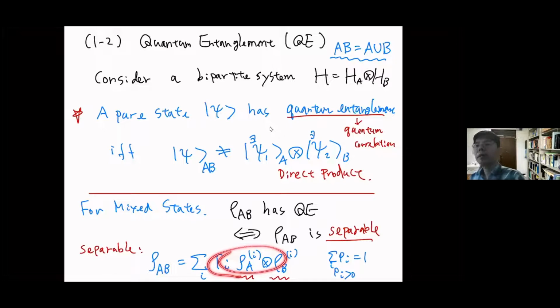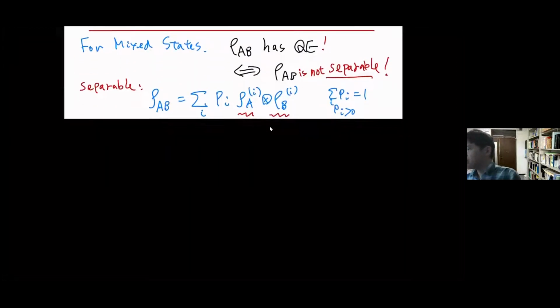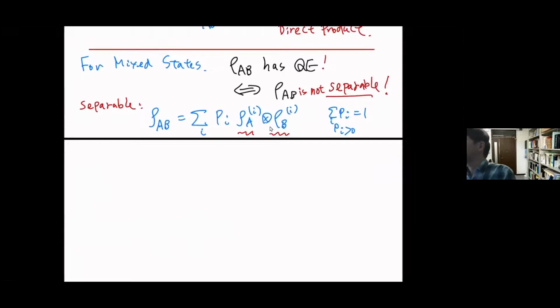So in that case there is no entanglement at all. Sorry, I should say: if rho AB has quantum entanglement, it's not separable. If it's separable, there is no quantum entanglement at all. So this is the definition for mixed states.